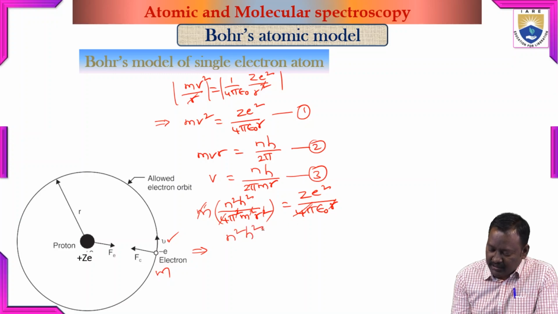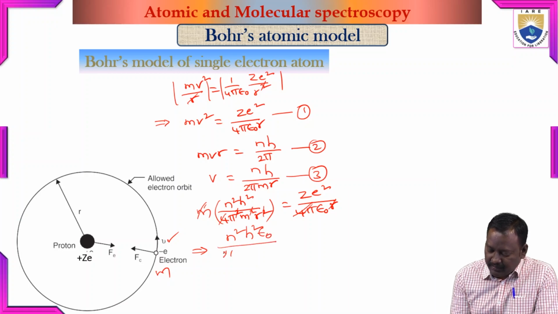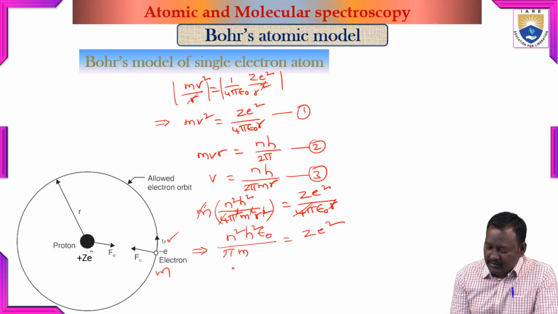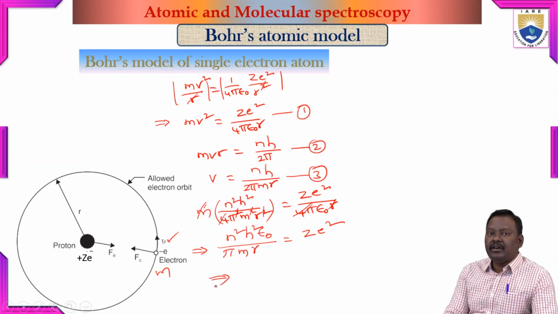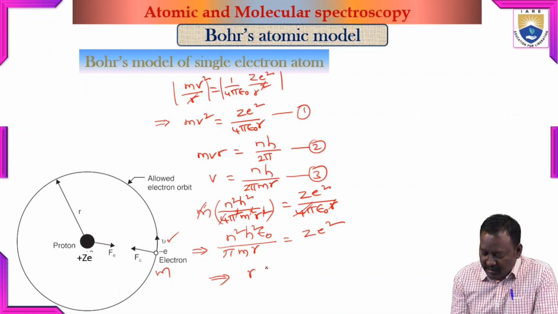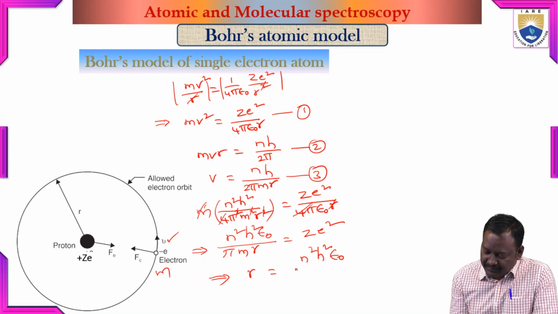Let us take this epsilon naught also to this side, epsilon naught by pi m equal to Z e square. So if we solve for r, r equals n square h square epsilon naught by pi Z m e square.